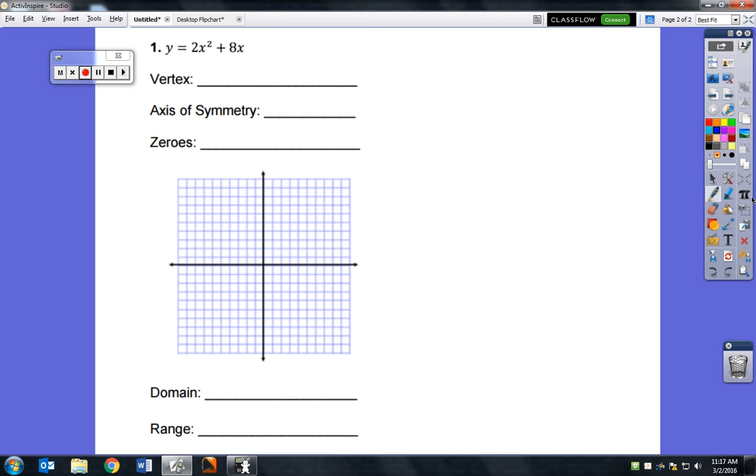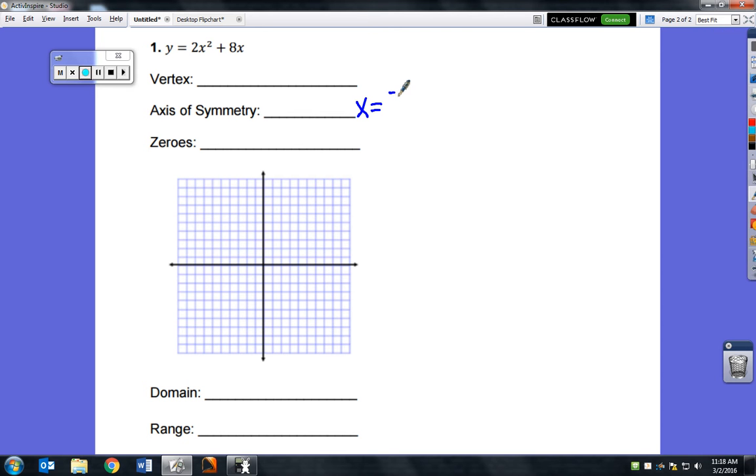We're going to start by remembering that we can find the axis of symmetry from the formula x equals negative b over 2a. The reason we can use this formula is because our function is in standard form.